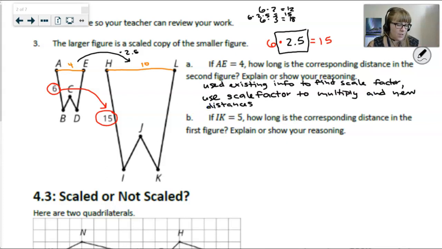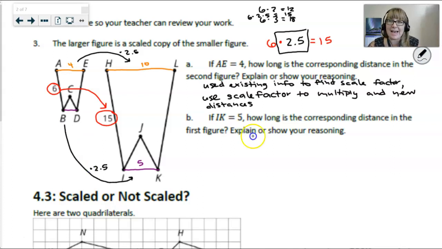All right, and now we're also going to work backwards. What if IK is equal to 5? Can you use that information to figure out what this distance would have been? So now we need to think about it again a little bit differently. We remember that when I'm scaling up, I'm going to be multiplying by 2.5.